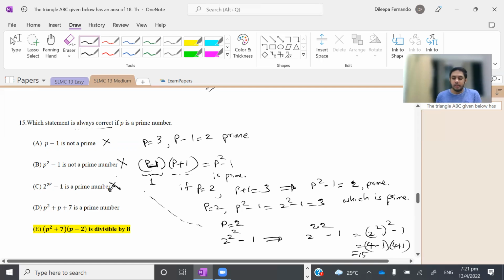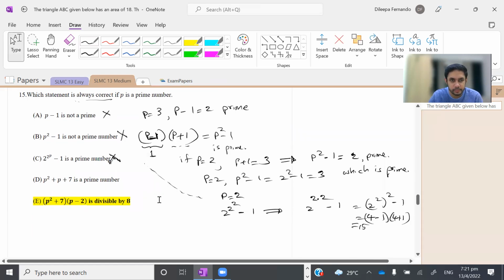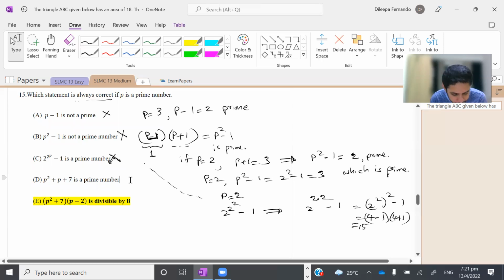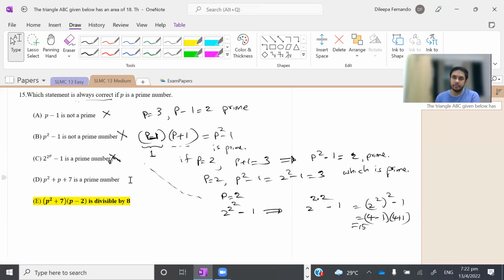Right. Now D: p squared plus p plus 7 is a prime number. Every time we are going to find a counterexample, we are finding some factorization. So that is one common method.